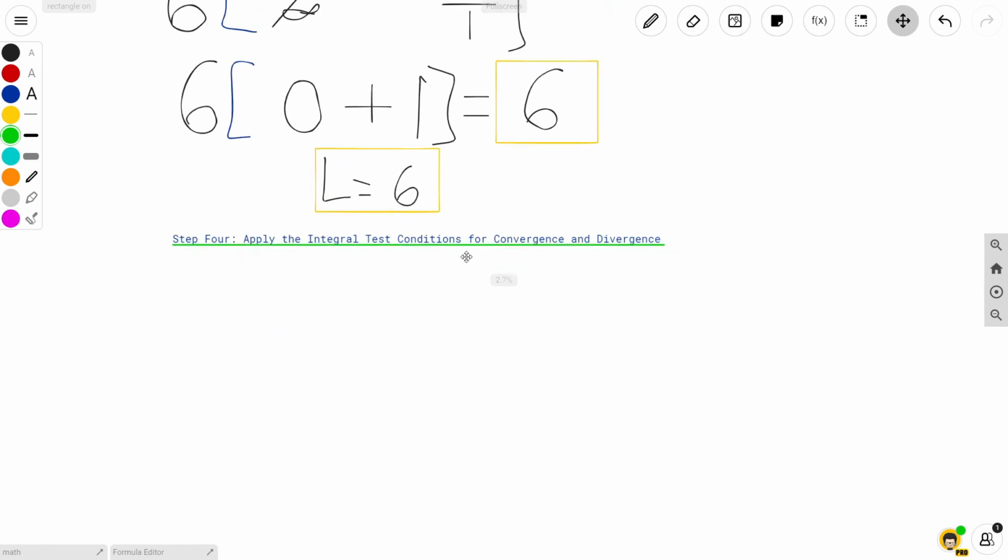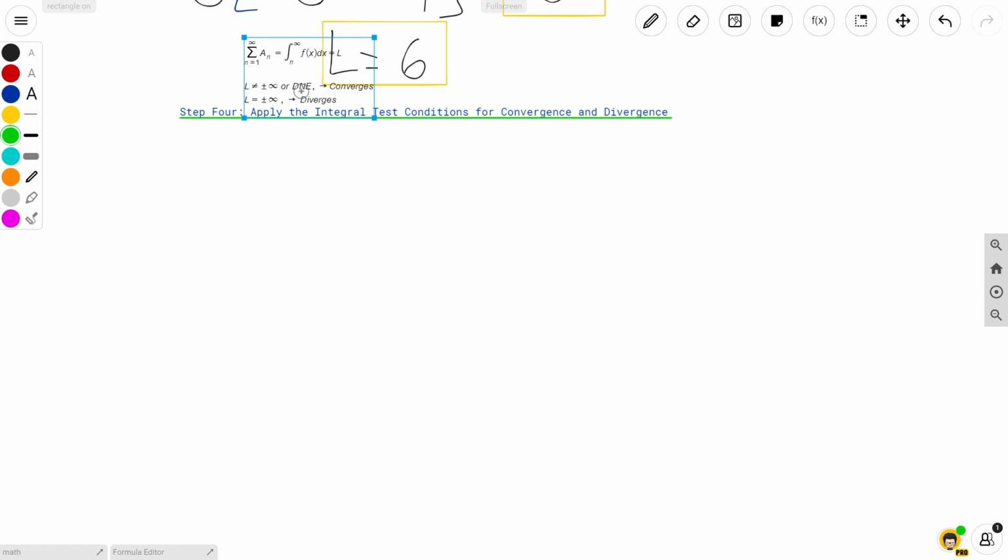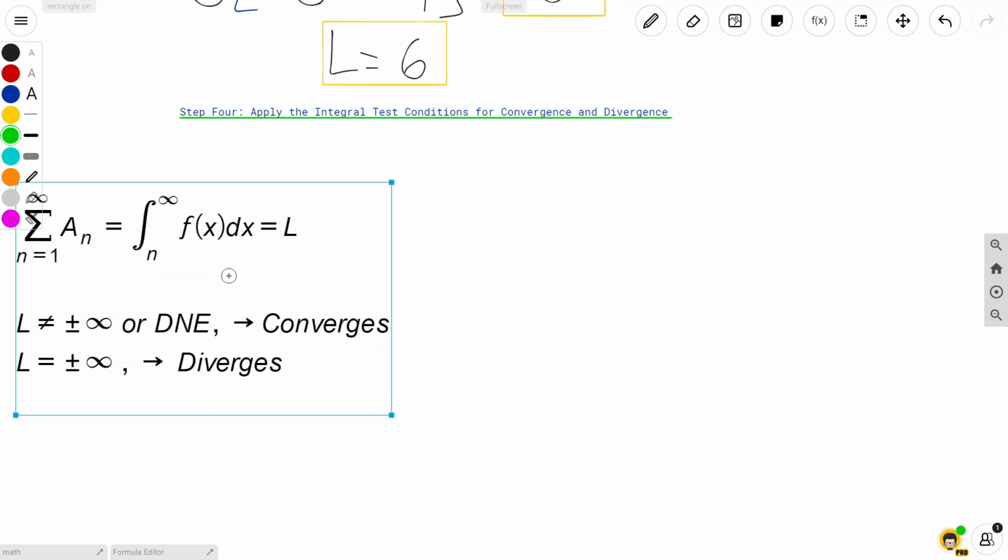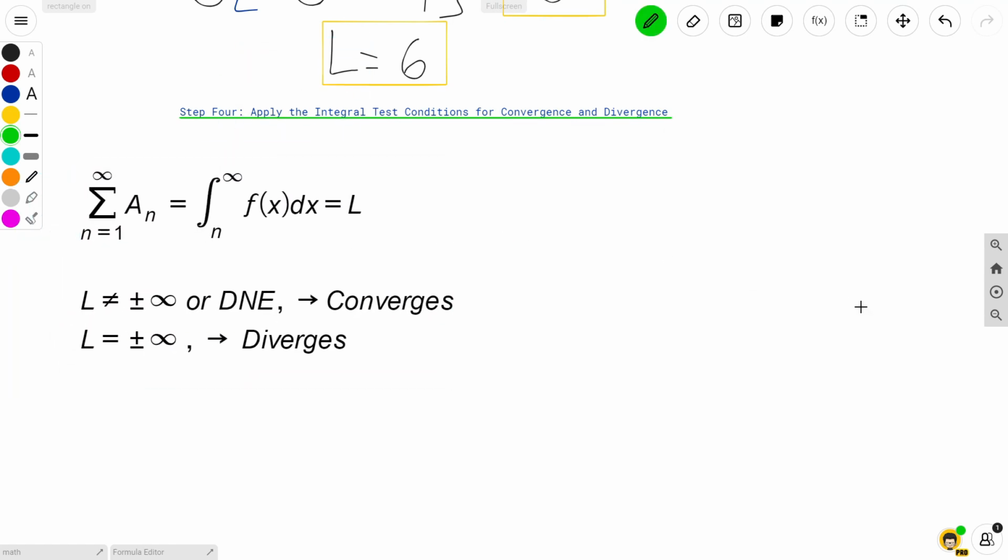We have all this computation, and right here we have the information that matters. So our L is not equal to plus or minus infinity, and it does exist.